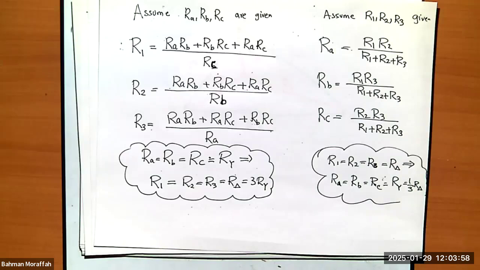I could just forget about it and just write R3, for example, or R1 or R2 as 3 times RA or RB or RC. It's the same thing. But since they're exactly the same, I gave it a name, RY. Any question?